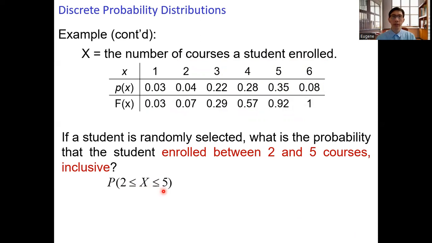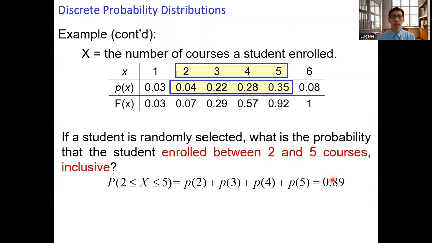The corresponding values of X are X equals 2, 3, 4, and 5. Sum up the four values of P of X, 0.04, 0.22, 0.28, and 0.35. We get 0.89.